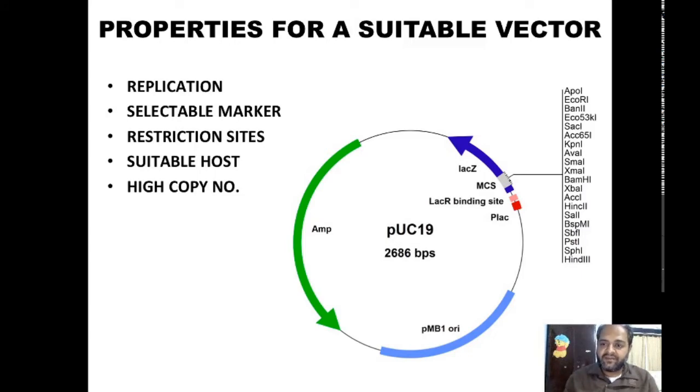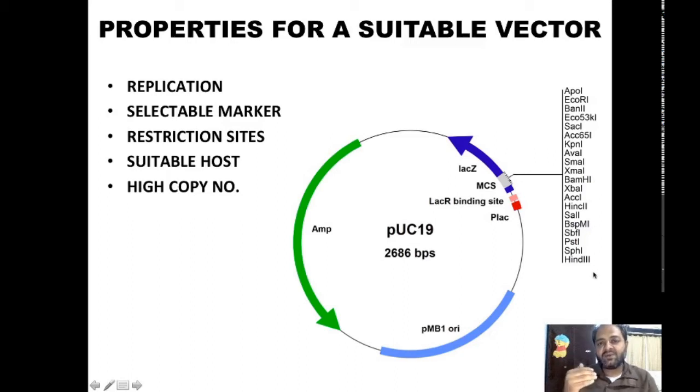So in either of the cases, we have to first insert it in a site which can be cut using these restriction enzymes. So here you can see MCS. This is a multiple cloning site, and a multiple cloning site is where there are recognition sequences for different restriction enzymes. You can see there's a whole list of restriction enzymes which can be used.